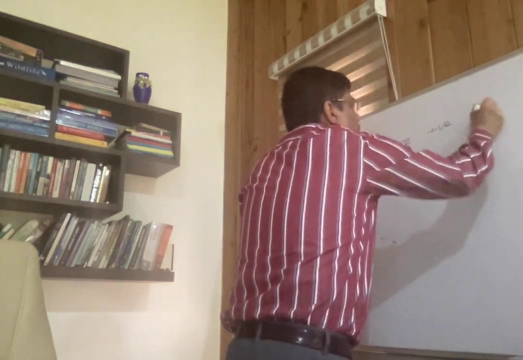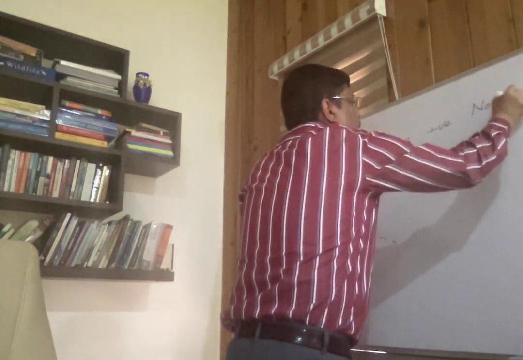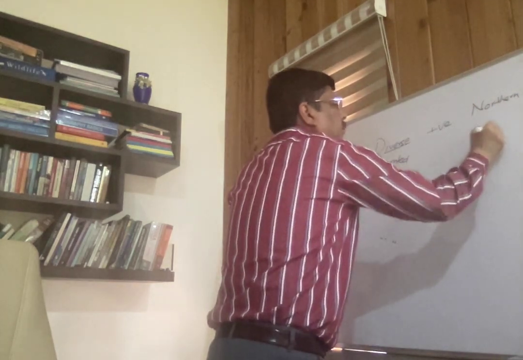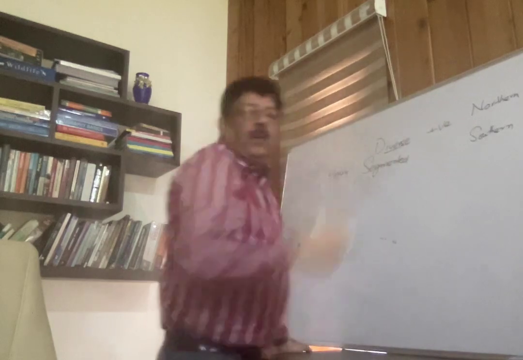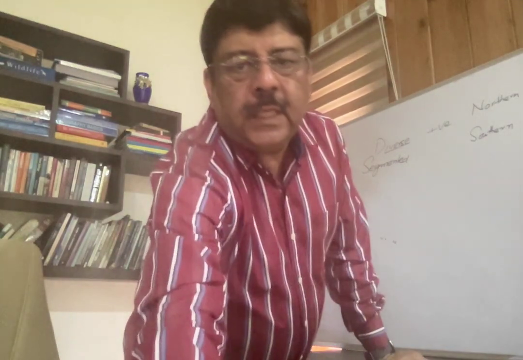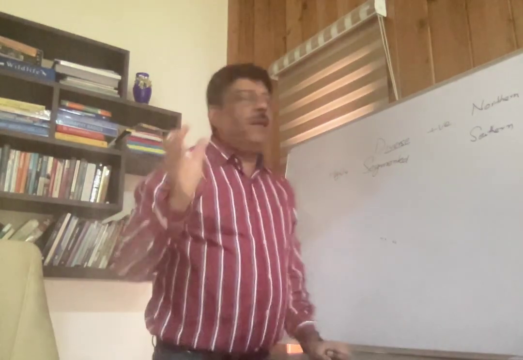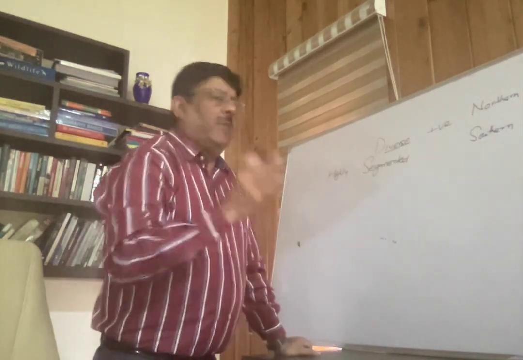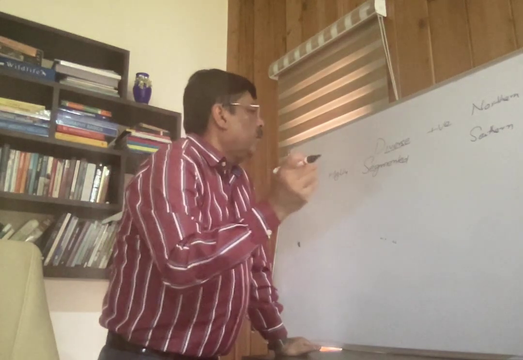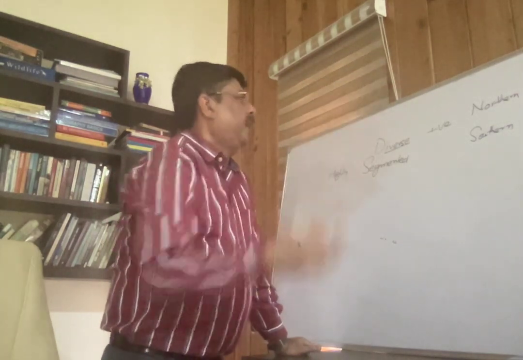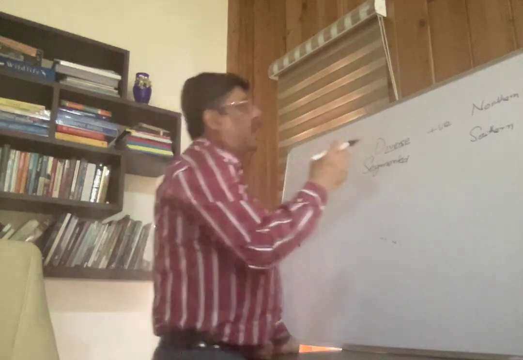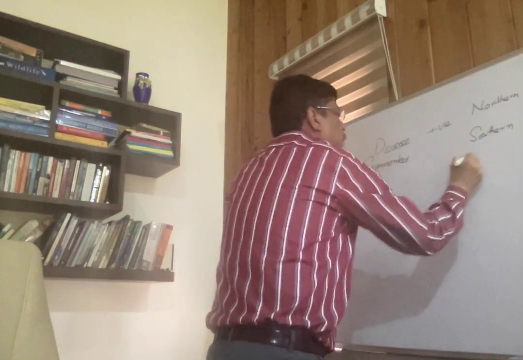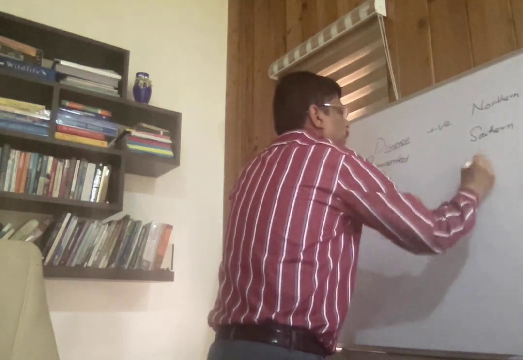northern people are totally different from southern people. You can see that it seems that they belong to different communities, and we will talk later on, but a brief mention: according to genetics, there are two types of people in India broadly.